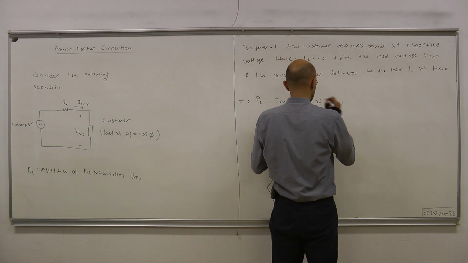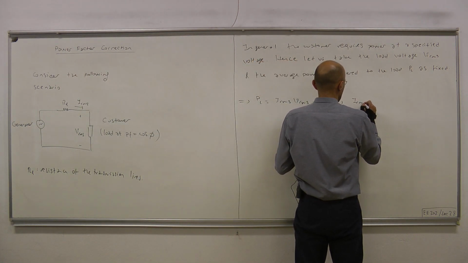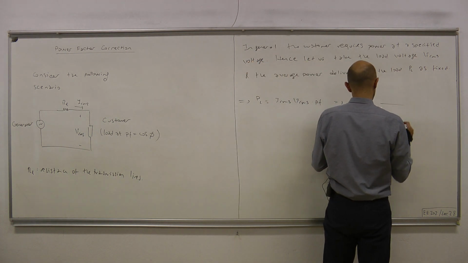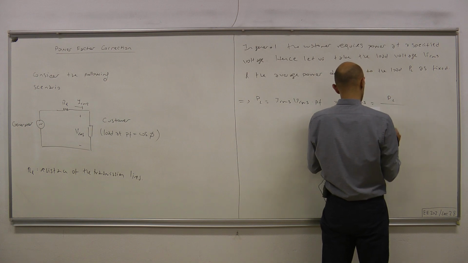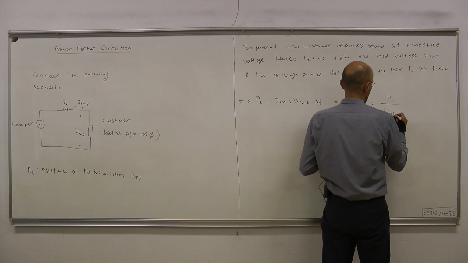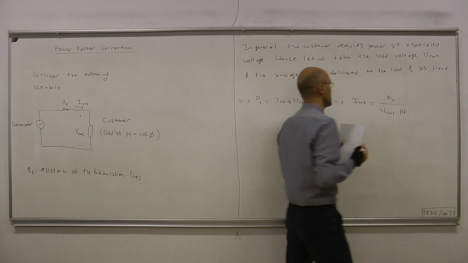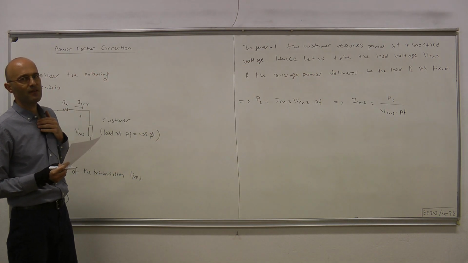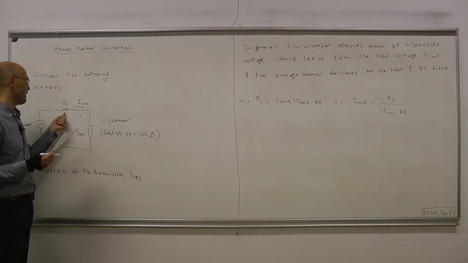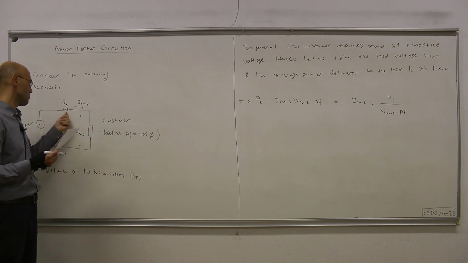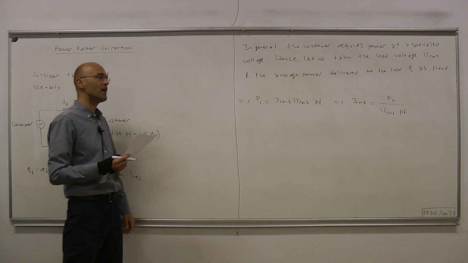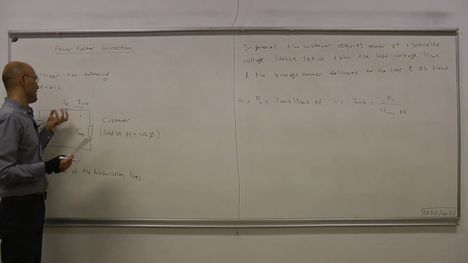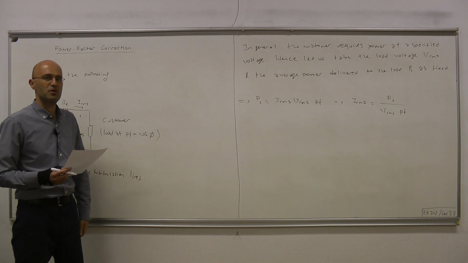Therefore, IRMS, the effective value of the current, equals the power divided by VRMS times the power factor. And that current squared times the real part of the impedance, or RL, of the transmission lines would give us the power that's lost during transmission.